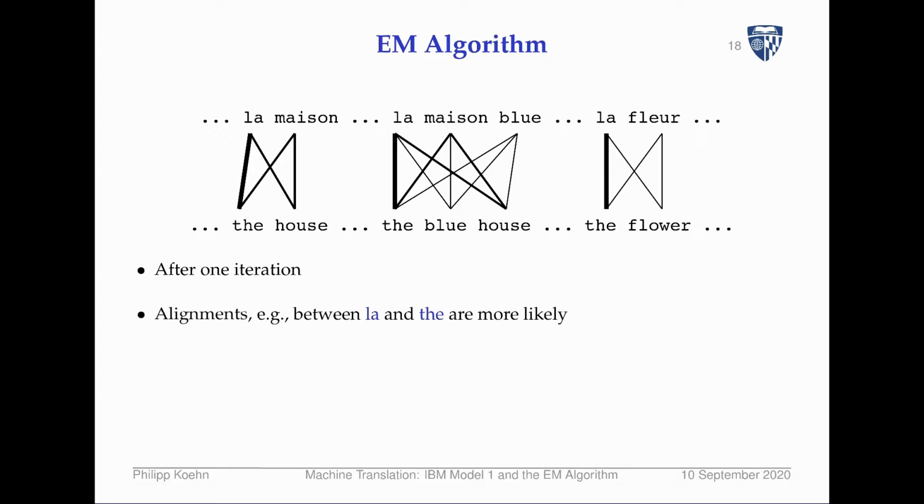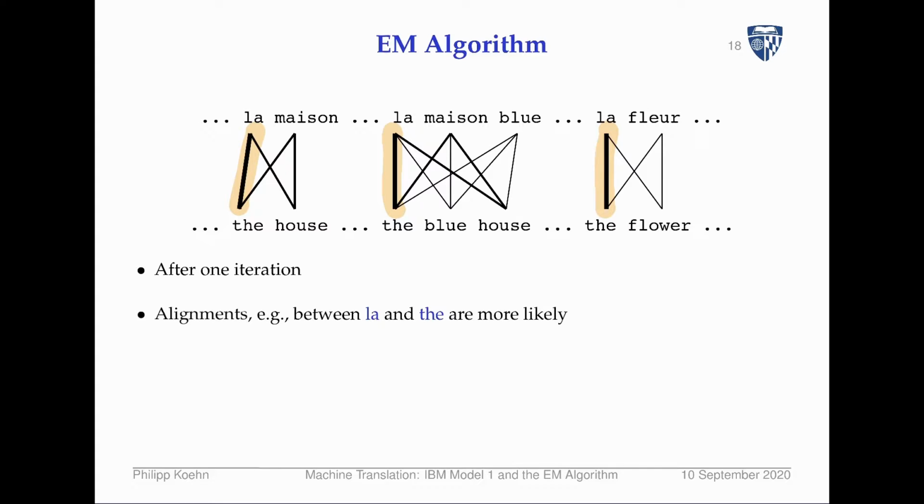With that model, this is how we estimate the first model from that data, where all alignments are equally likely. Now we are going to apply this model to the data. This is illustrated by these links here, where la and the are aligned a bit stronger than the other ones. So that means when we look at the sentence pair, we're going to prefer that the is aligned to la rather than to other words. Then again, we assess all these possible alignment possibilities.